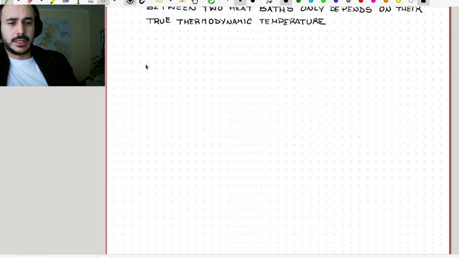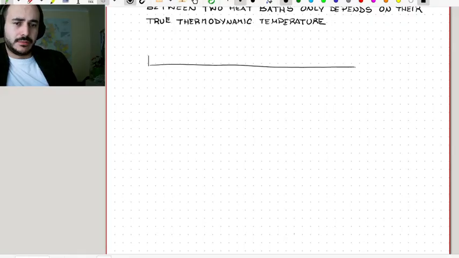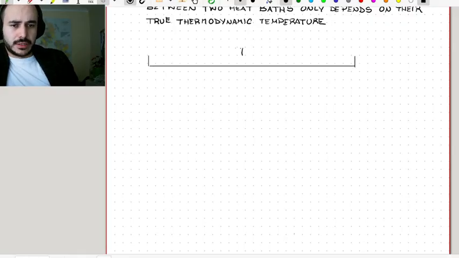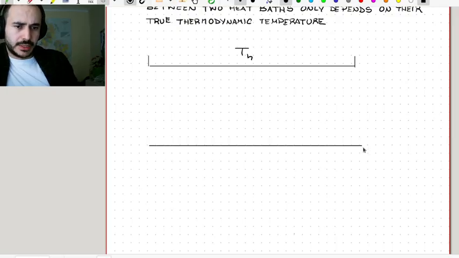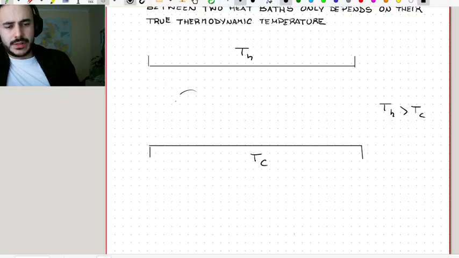To do it, let's consider that you have a heat bath here, at a temperature T hot, and another heat bath down here, at a temperature T cold. Of course, the name tells you already that T hot is larger than T cold. And we are going to have here two systems, two cycles. Let's try to draw a circle.